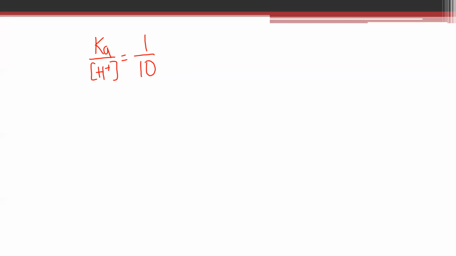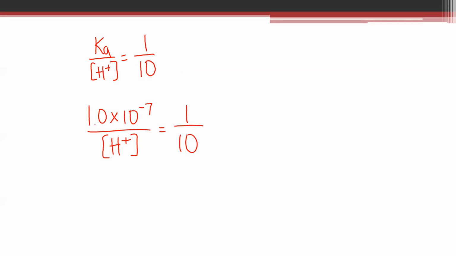We know the Ka value, we can plug that in, 1 times 10 to the negative 7. We don't know the H plus. We're going to solve for the H plus so that we can then get the pH at the end. Over 1/10. So when you solve, you should get that the H plus concentration is 1 times 10 to the negative 6.